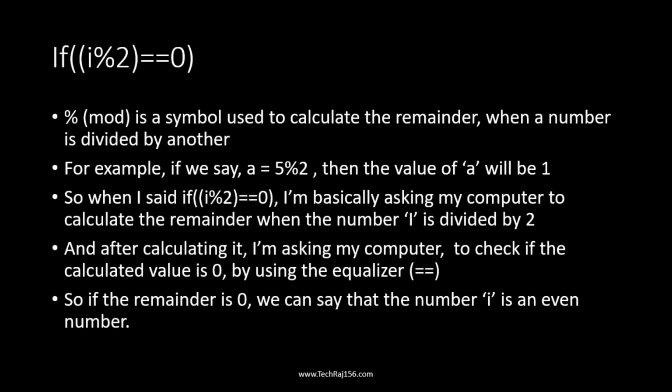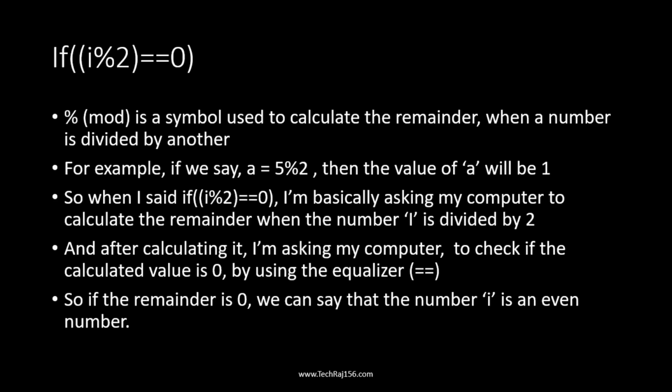So let's go deep into this statement here. If i mod 2 equal to 0, let's see what it actually does. First of all, the mod symbol is used to calculate the remainder when a number is divided by another. For example, if you say a equal to 5 mod 2, then what it actually does is it's going to divide 5 by the number 2, and if you calculate it on paper, or if you're good in math, you can do it in your brain, it's going to leave a remainder 1, as we all know, right?